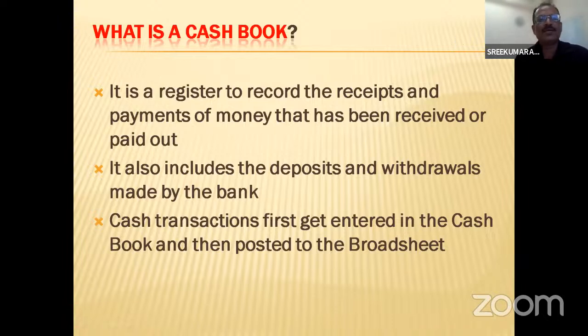Just for formality's sake, now let us define. A cash book is a register to record the receipts and payments of money that has been received or paid out. In our day-to-day activities, ICAR makes payments and also receives money.